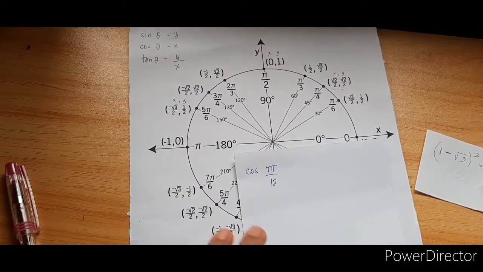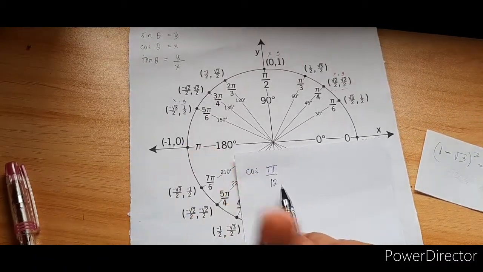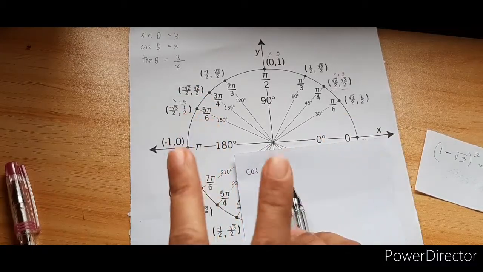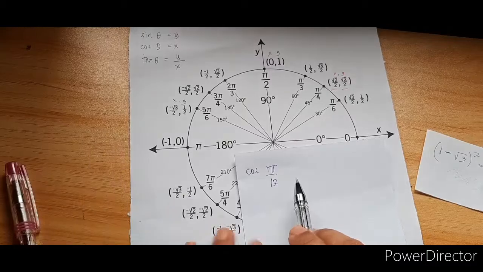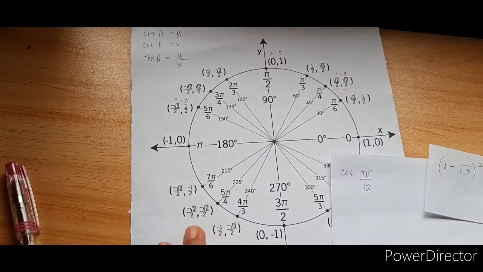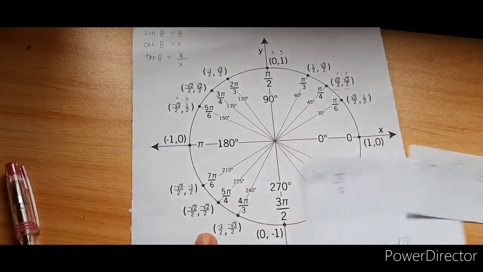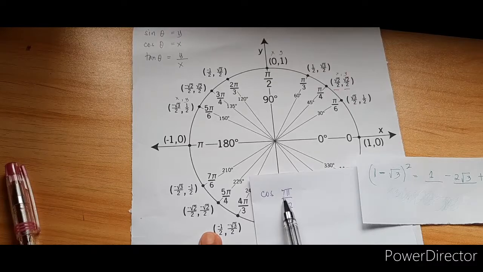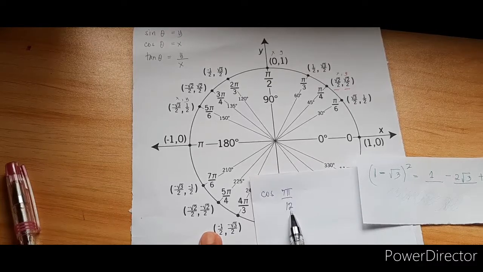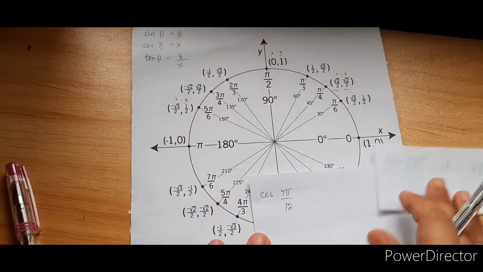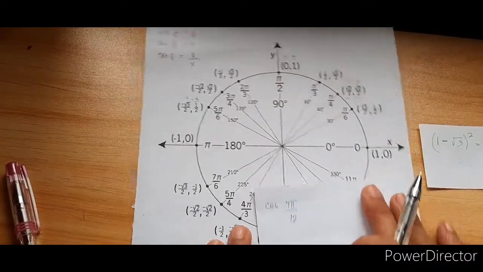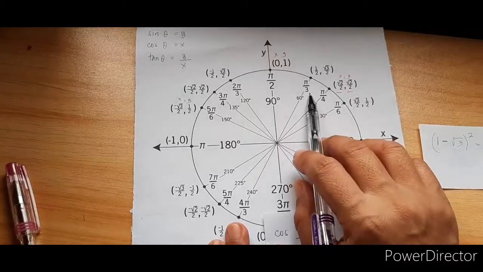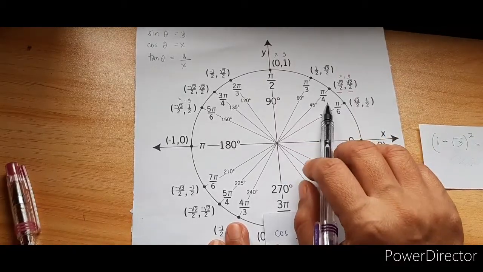Okay, so the first thing we're going to do again is to find two angle measures, radian measures on our unit circle, that will equal 7 pi over 12 if added or subtracted. We have pi over 3 and pi over 4.